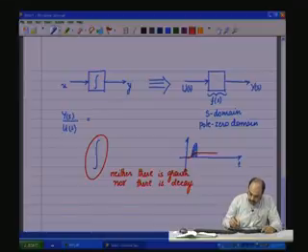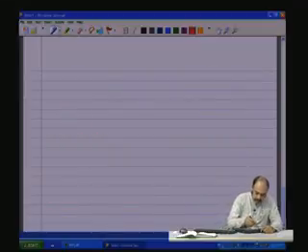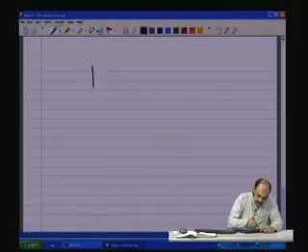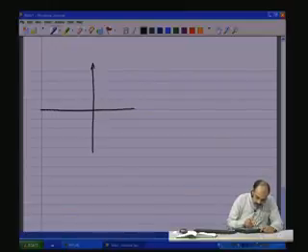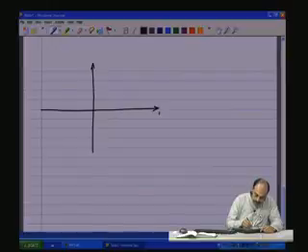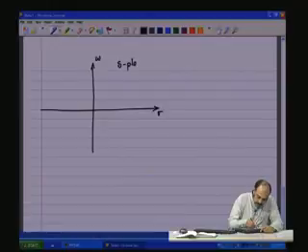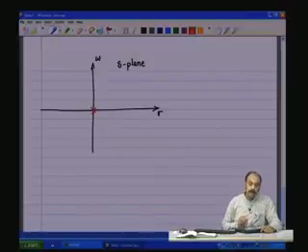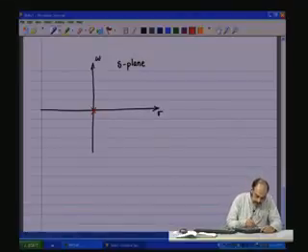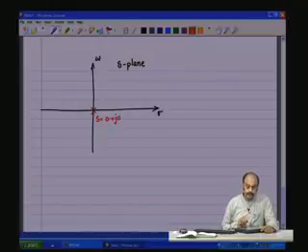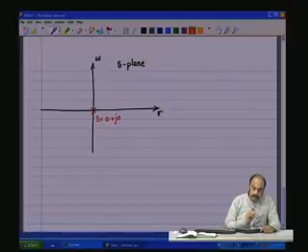So, if we go back to the S plane, let us say I write the S plane, and you have the sigma and the omega axes. Okay. And let us say I have a pole exactly at S equal to 0 plus j0.